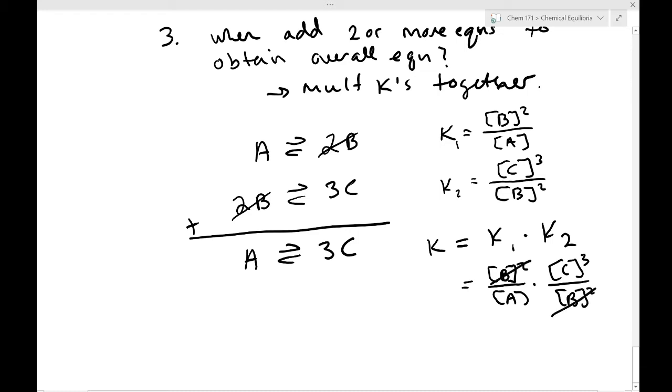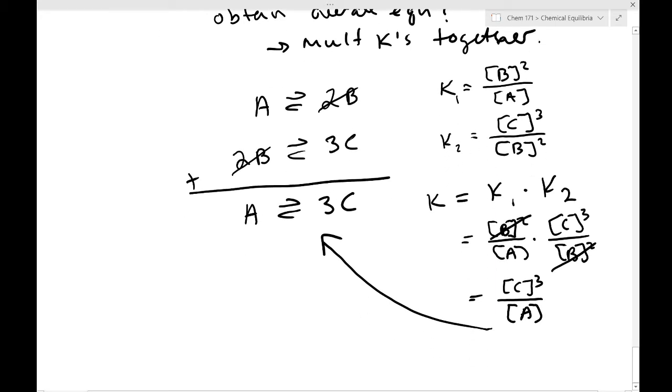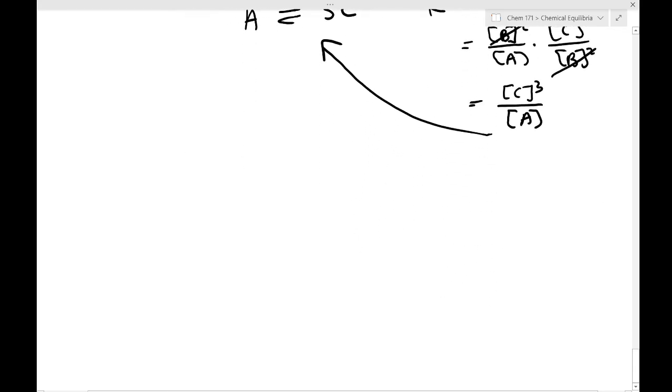The B squareds cancel out, and we end up with C cubed over A, which is exactly what we would expect if we were to just look at this reaction and form the equilibrium constant based solely on that reaction itself. So it makes sense with what we've already defined as the equilibrium constant and how to express it. Let's look at an example for this.